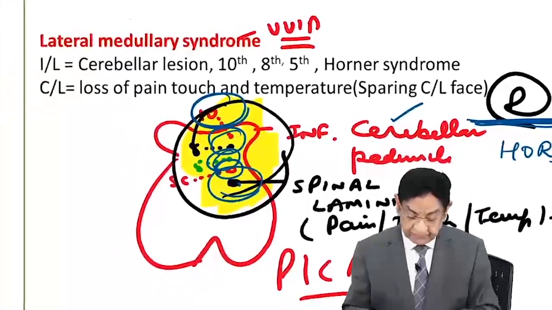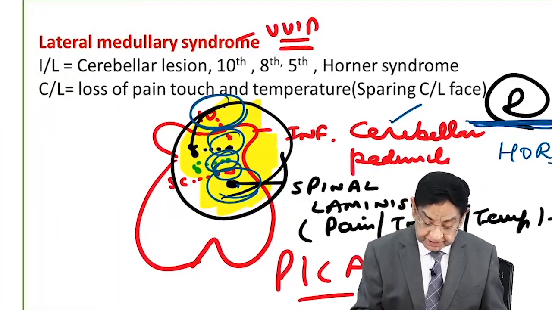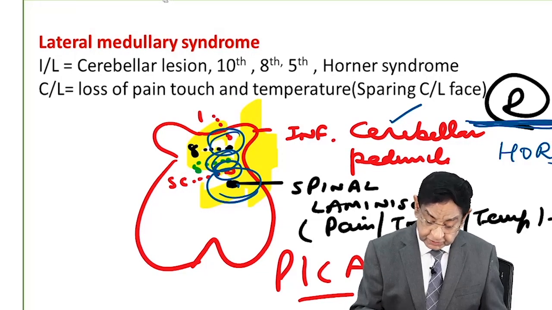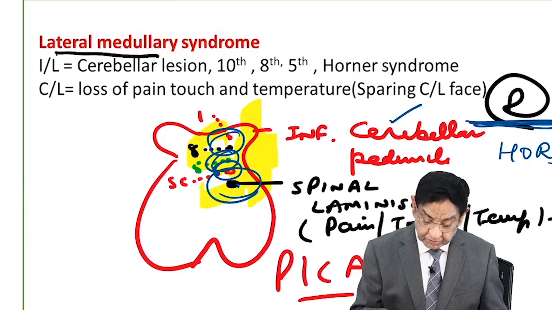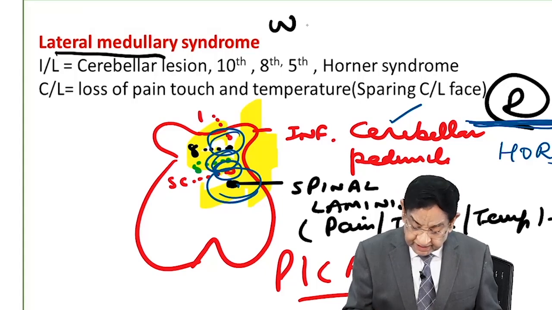So first you write down the features of lateral medullary syndrome. It is written for easy convenience. This is known as lateral medullary syndrome, also known as Wallenberg syndrome.